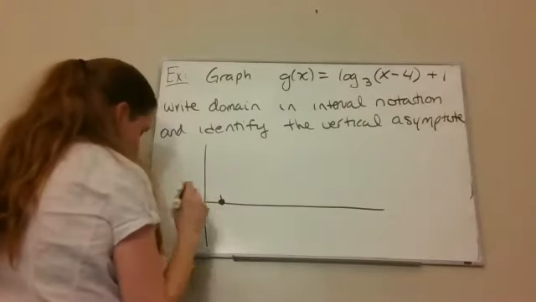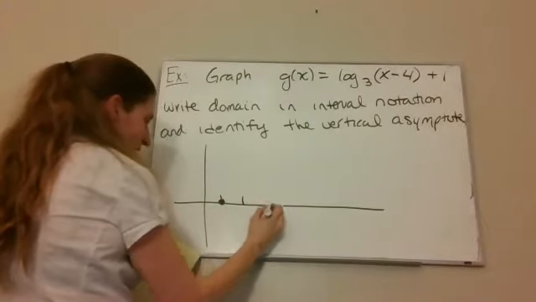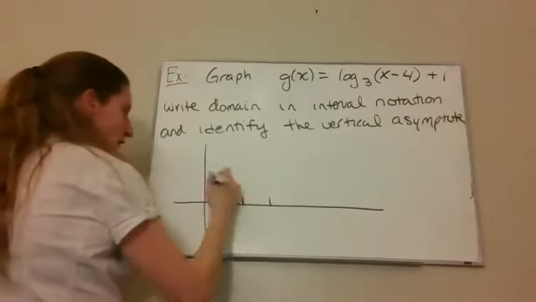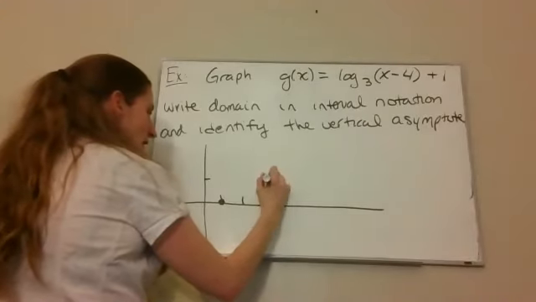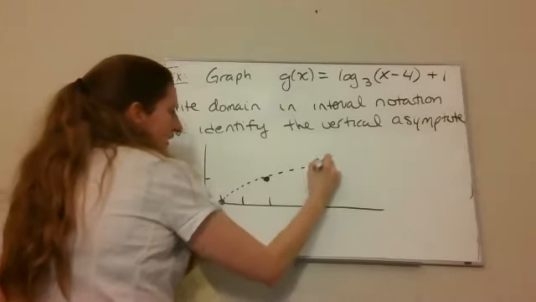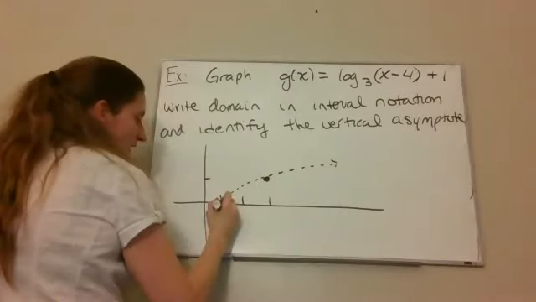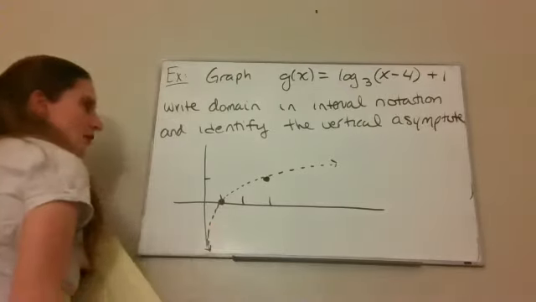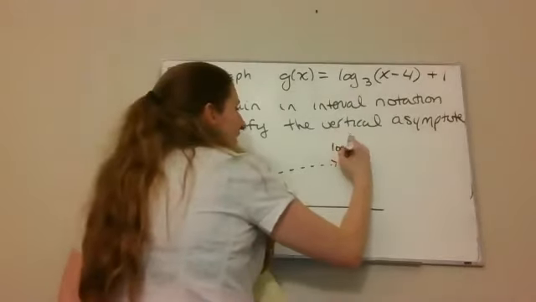But let me get a couple points just to be more accurate. I know that log base 3 of 3 is going to get me 1. So I know I have my function going up like this, and I know it has this asymptote here. So that's pretty close to log base 3 of x.